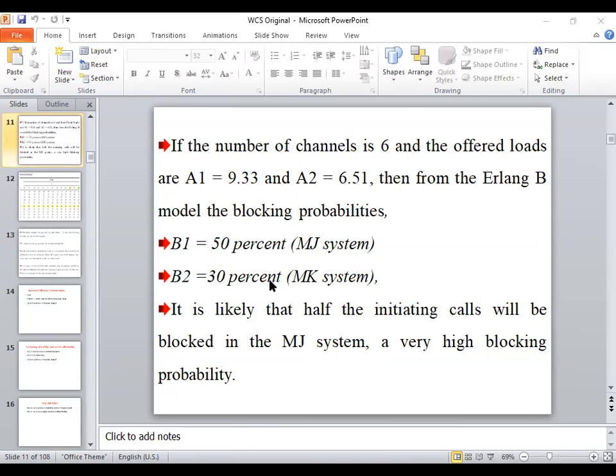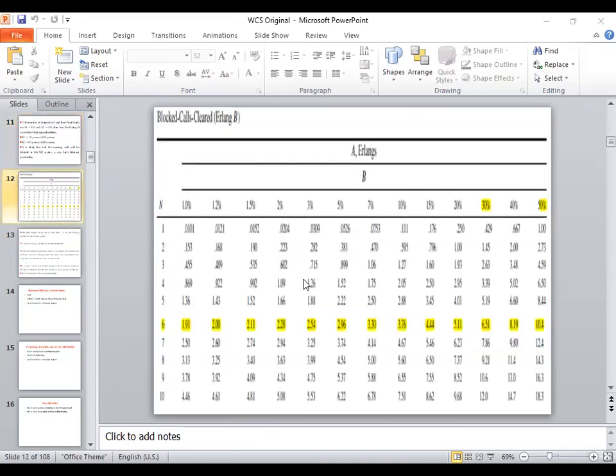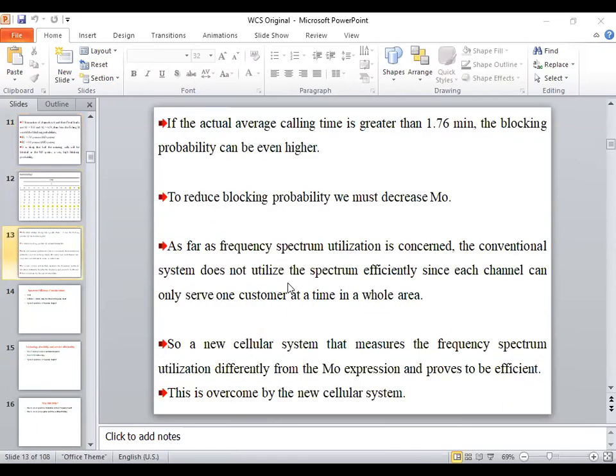Next, if I take an average calling time greater than 1.76, then our overall blocking probability will also be high. So if I want to reduce the blocking probability, I should decrease the MO.